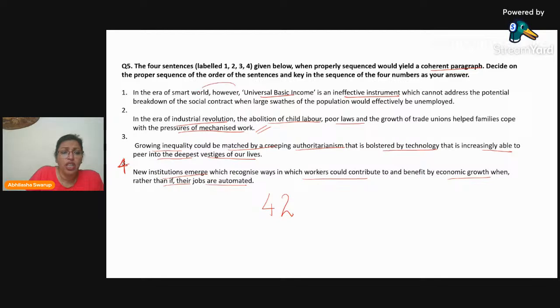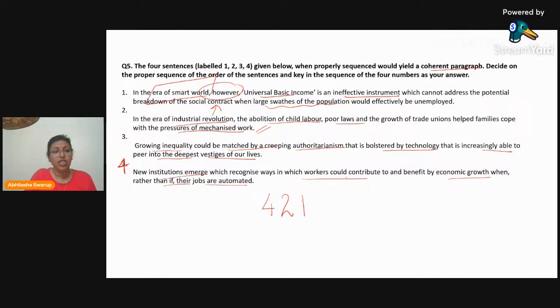Then he says, however, in the era of the smart world, now see this beautiful contrast between industrial revolution and smart world, right? So one comes, the UBI is not a good instrument. It cannot help, okay? Because large swaths of population will not be employed, they will not have work because there will be smart working, and smart working means there will be far fewer jobs.